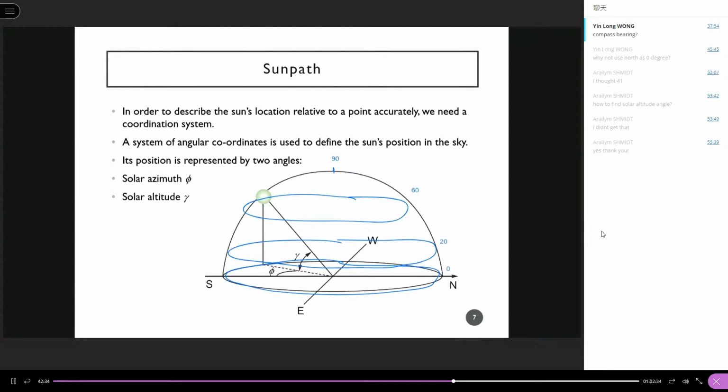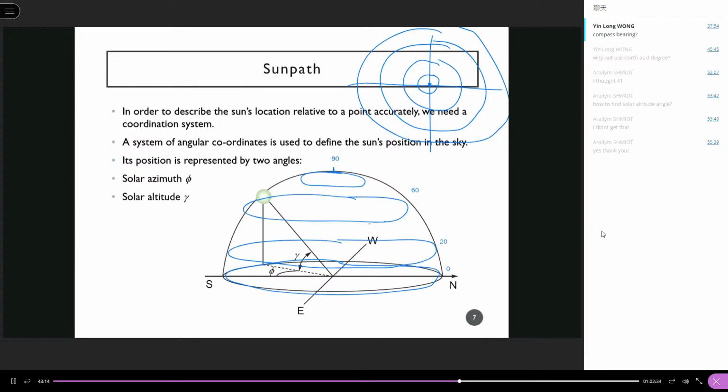For any point along this line, we have the same altitude angle. So on a polar coordinate system, we may use these circles to represent the solar altitude angle of 0, 20, 60, and then maybe 80, and the center point will be a solar altitude of 90 degrees.